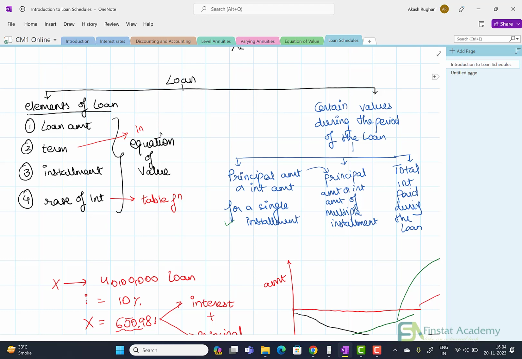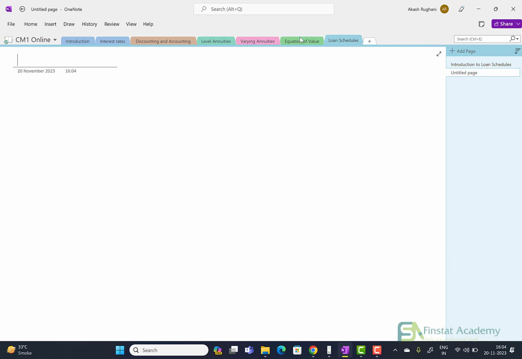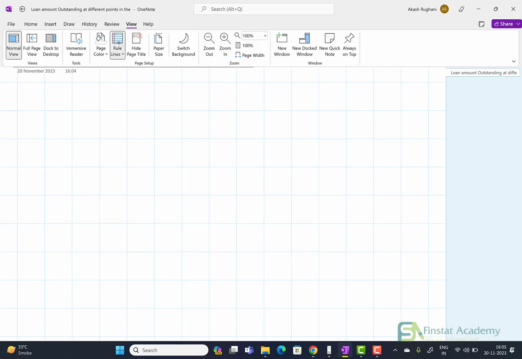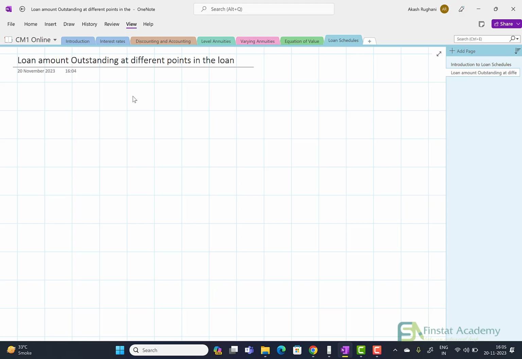Before we start finding that, we need to understand the loan amount outstanding at different points in the loan. Before we find the principal and interest component, we need to understand this first.